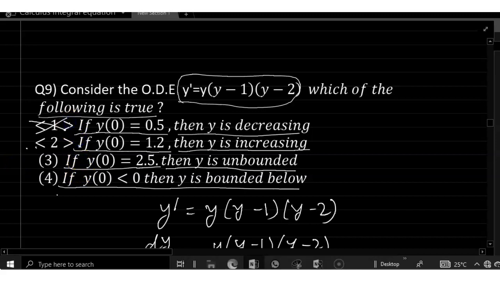Number 2 is not possible, it is not an increasing or decreasing function in this region. So number 3 is correct: if y(0) = 2.5, then y is unbounded. Number 4 is not possible. This is the way.